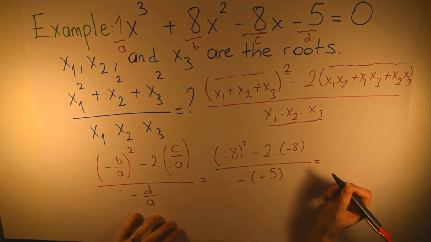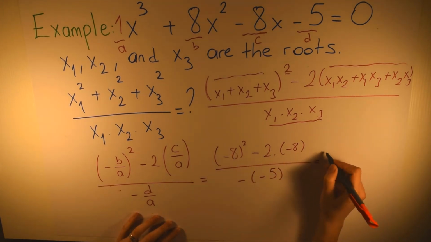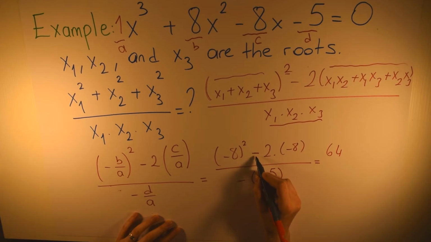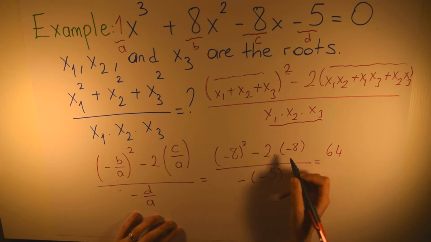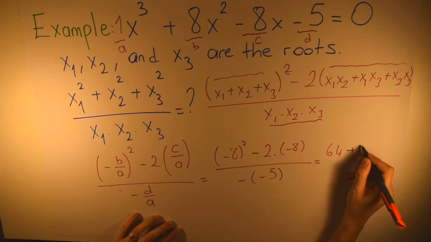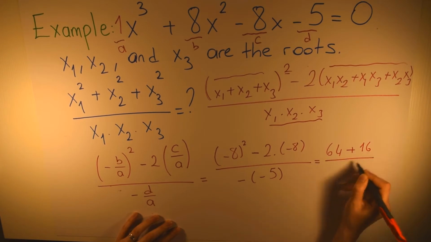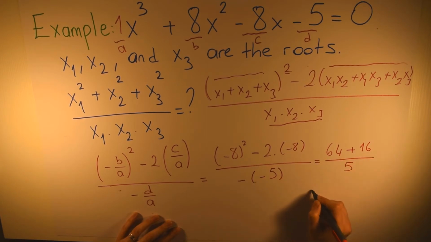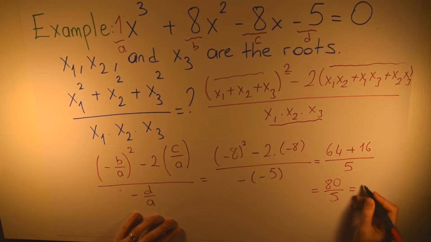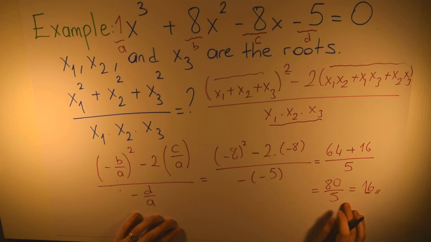From here we get 64 minus 2 times minus 8, which is plus 16, over 5, which is 80 over 5, and this is equal to 16. So this is our solution for this example.